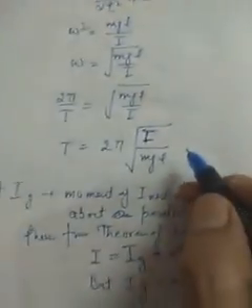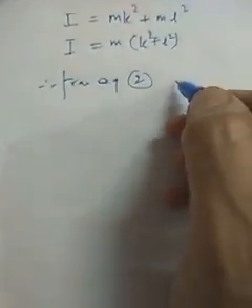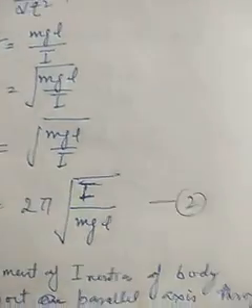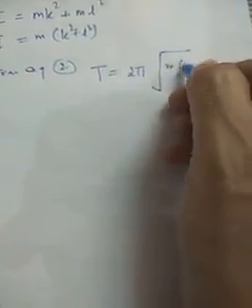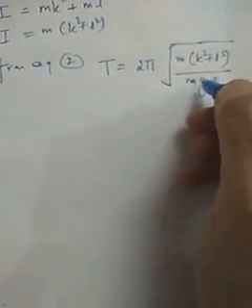Substitute for I in the expression for the time period. Let this be equation number 2. Therefore, from equation 2, T can be written as 2 pi times the square root of I upon mgL. Simply substitute for I here: m k square plus L square divided by mgL.